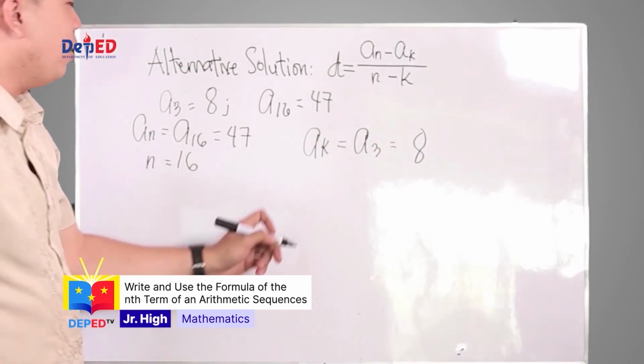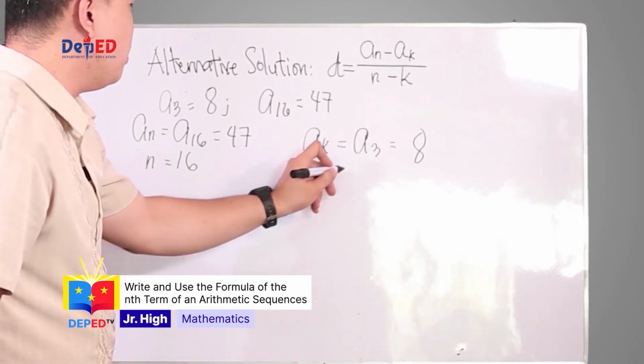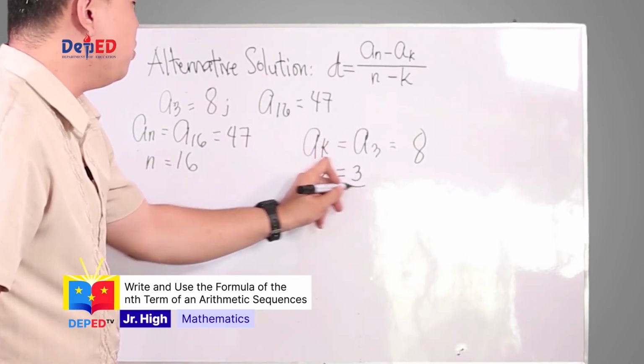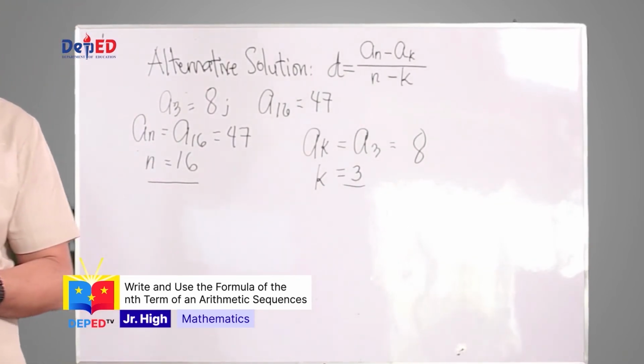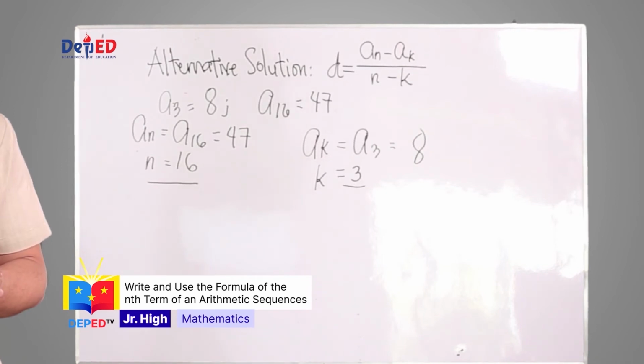And then we will use the value of k. So k will now be equal to 3. Then we will substitute this given to the formula to find the common difference.